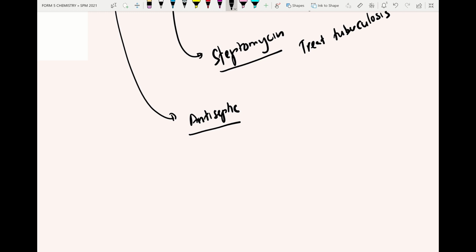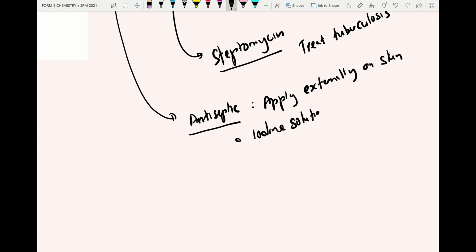This antiseptic is applied, please remember, externally on skin, to kill the pathogen that is present on the skin, and also to destroy the microorganism. Examples will be iodine solution, hydrogen peroxide solution, boric acid, and also alcohol, which is ethanol solution.